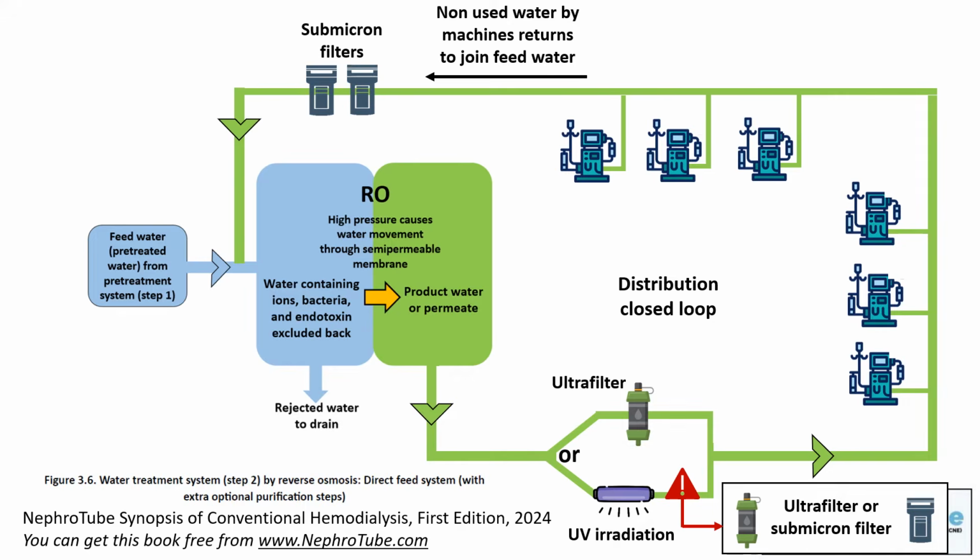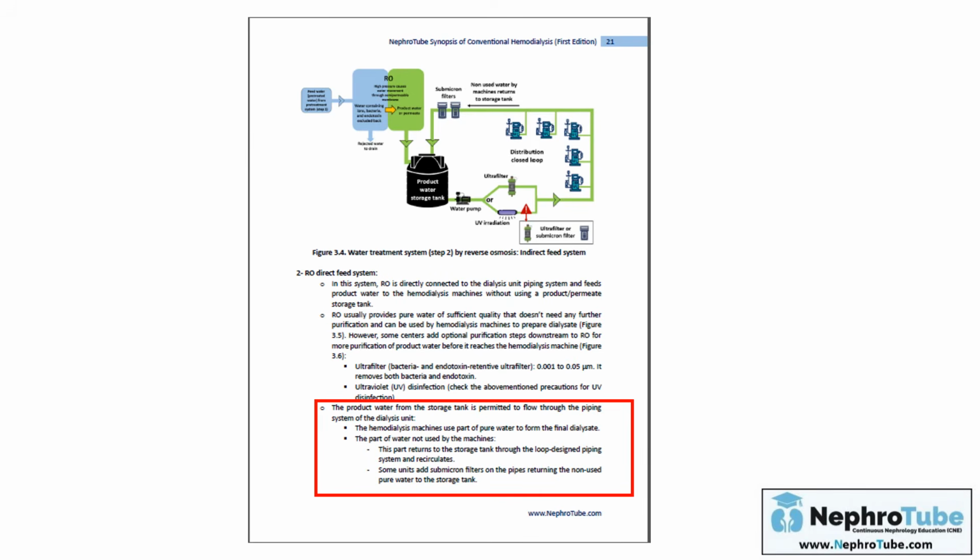I want to announce that there is a mistake in my book on page 21. Here I am discussing and explaining the RO direct feed system. In this paragraph, I mentioned that the product water moves from the storage tank and back again to the storage tank.